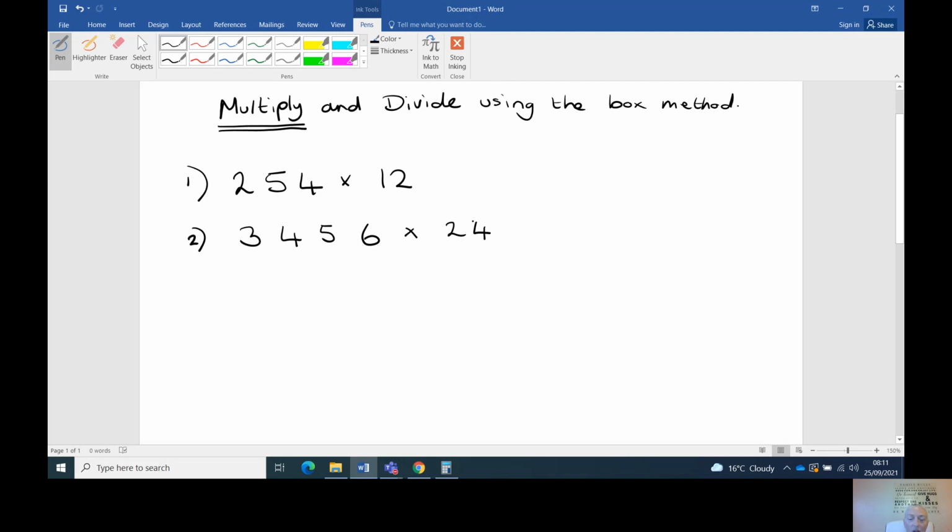Now you could do your 24 times table, 24, 48 and so on, or you could split it up if it makes it easier for you. Practice. If you get stuck, let me know, okay.